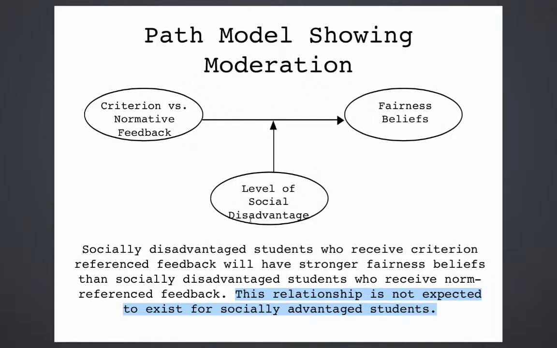If you're not socially disadvantaged, this relationship won't exist. So I haven't labeled these ones, but here's your independent variable, here's your dependent variable, independent variable, and this is your level of social disadvantage acting as a moderator. So if you were going to depict visually in your theory a moderator, this is how you do it.